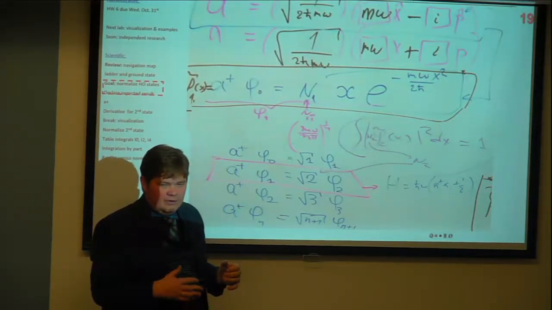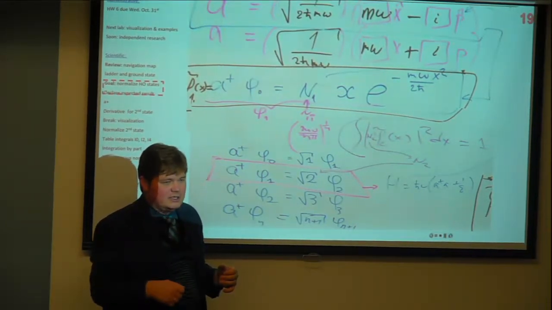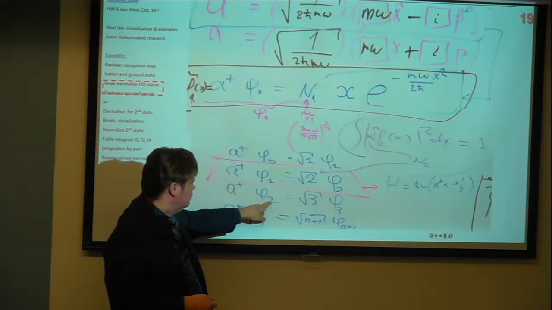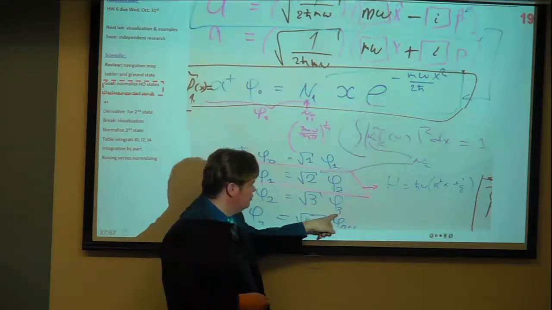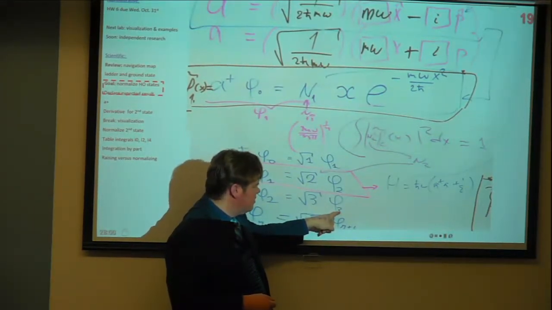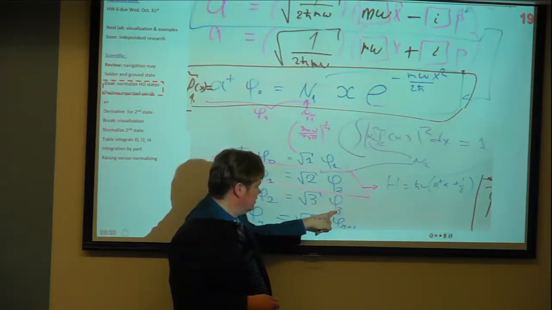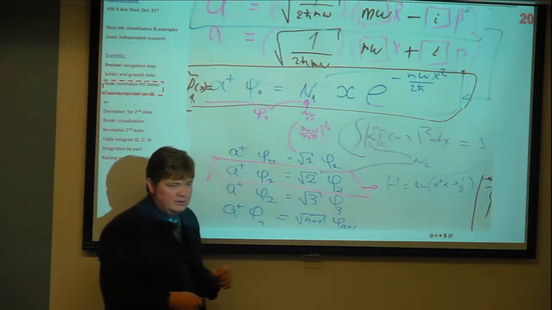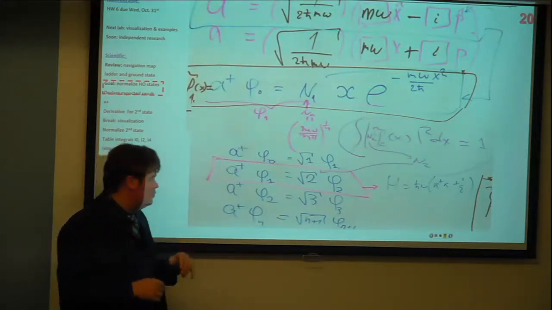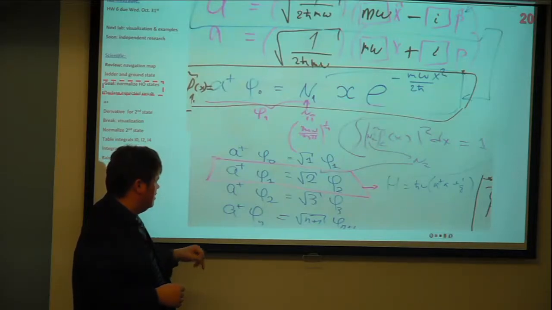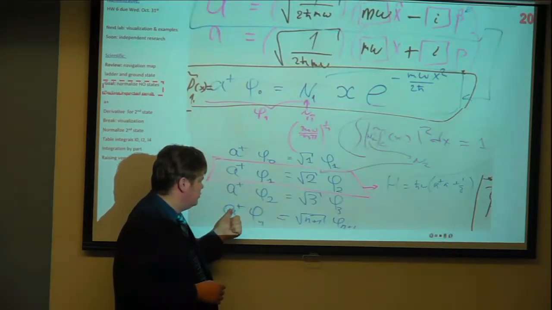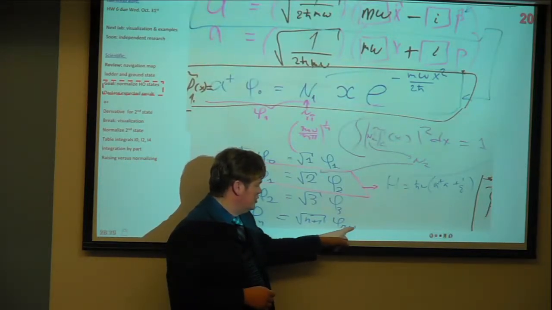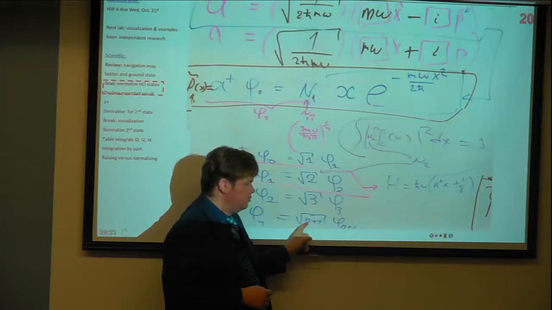We will never go further in true mathematical derivations because it gets harder and harder. But if you would go further and apply the raising operator to the second excited state, we will find that you generate a true eigenstate, but in order to have it normalized, one needs to multiply by square root of 3. And if one keeps on with this progression, applying a raising operator to eigenstate number n will give you eigenstate number n plus 1 multiplied by square root of n plus 1.